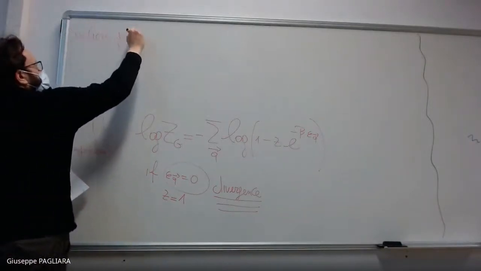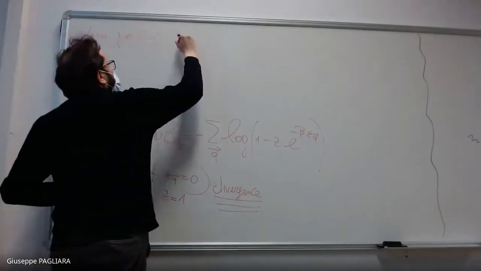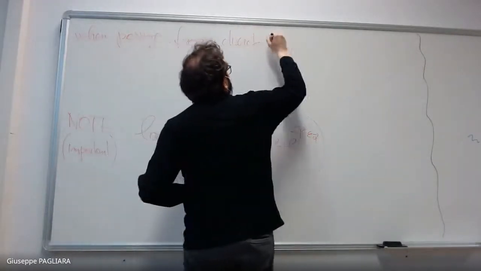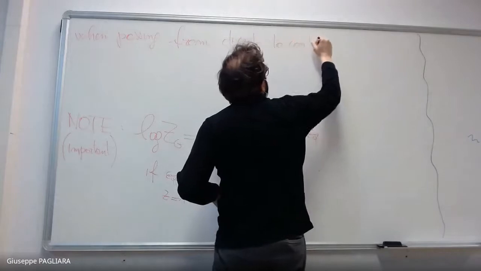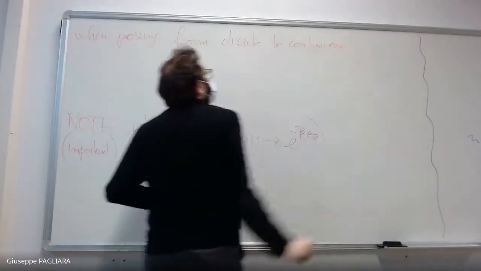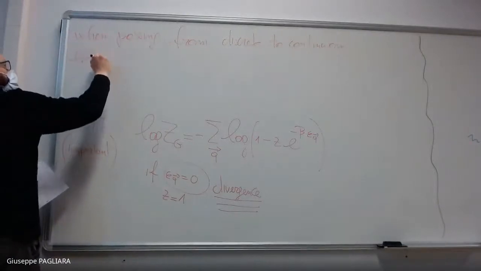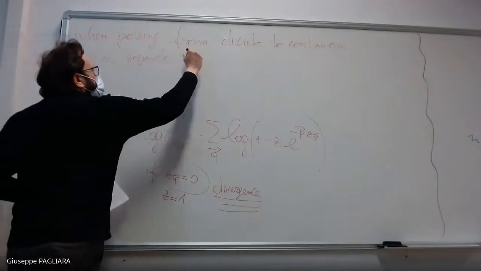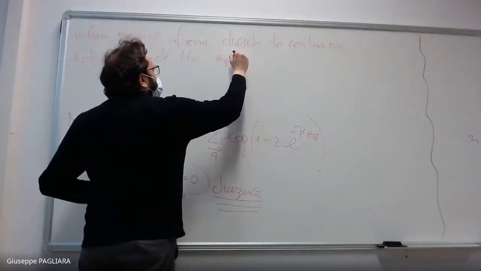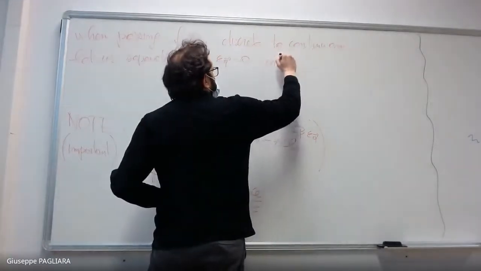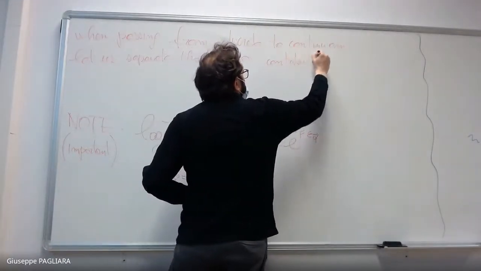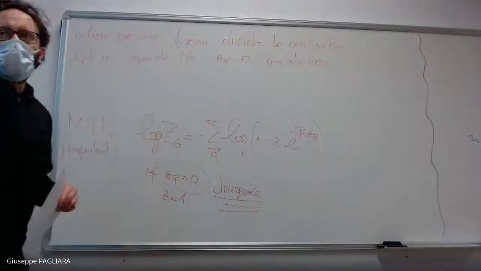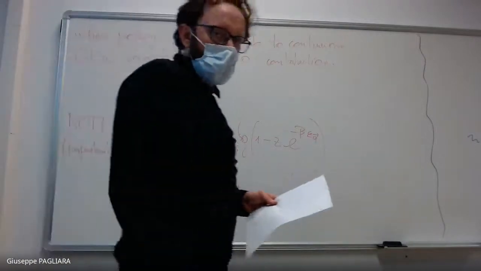When passing from discrete to continuum, let us separate the epsilon q equal to 0 contribution, because this one is the one that can lead to a divergence.